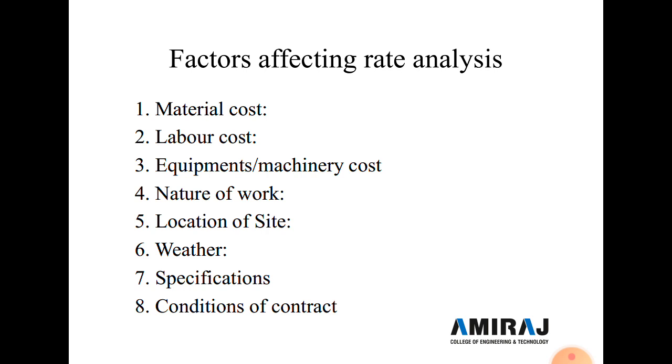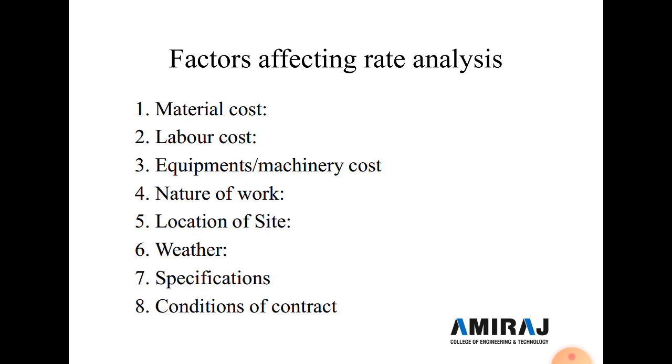Now the next, the seventh factor, is specification. If the specification of the work provides for rigid tolerance and superior quality workmanship, the rate will be on the higher side. If quality is required in the specification, we write a quality work, and as per the quality, we use quality material to complete the task.